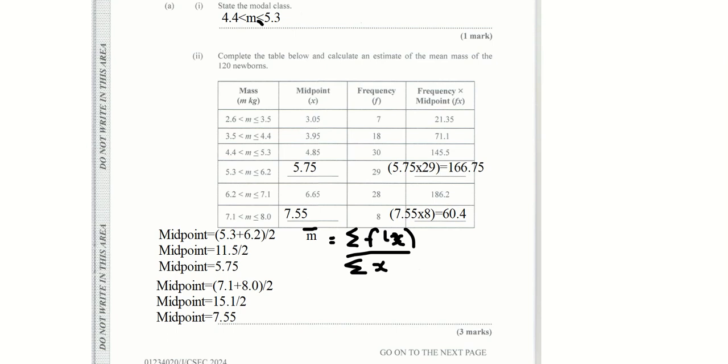So the summation of f of x, that's all those values, that's 21.35 plus 71.1 plus 145.5 plus 166.75 plus 186.2 plus 60.4. When you add all of that up, you're going to get a total of 651.3. Right? And the summation of x, or the number of items, is 120.